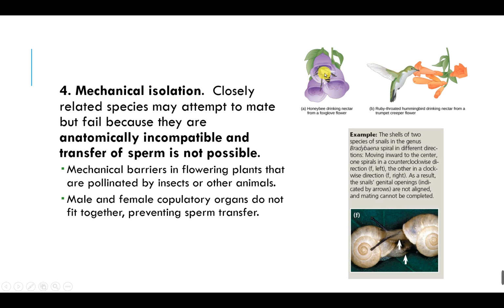So you never get interbreeding between these two plant species. And in this plant species, the major pollinator is the hummingbird, and the hummingbird never goes to the other plant species. So this is called mechanical isolation.